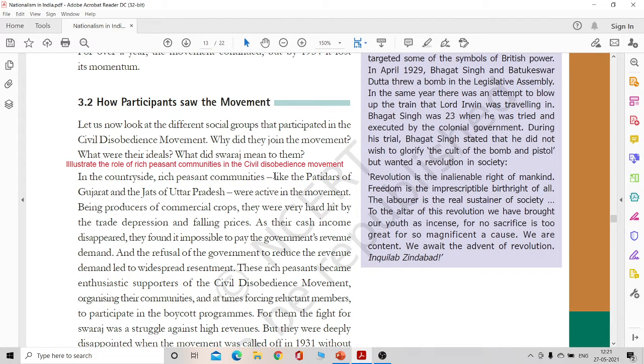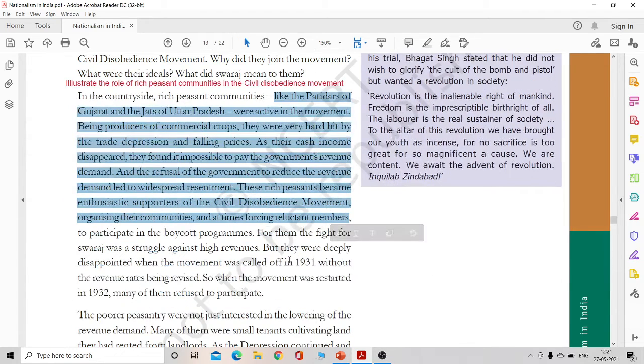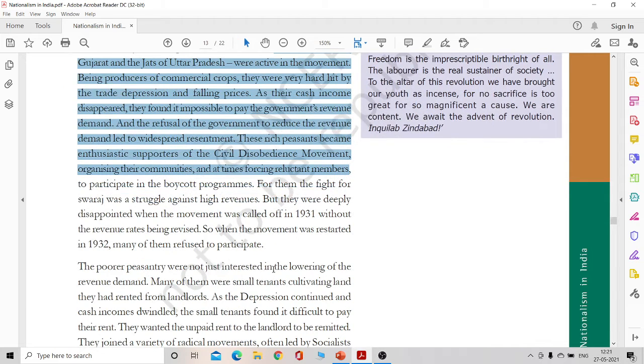So here you have to talk about the Patidars of Gujarat and Jats of Uttar Pradesh, and how they refused to pay such high taxes and revenue demands, and were reluctant to pay, and that is why they were enthusiastic supporters of the civil disobedience movement, right?